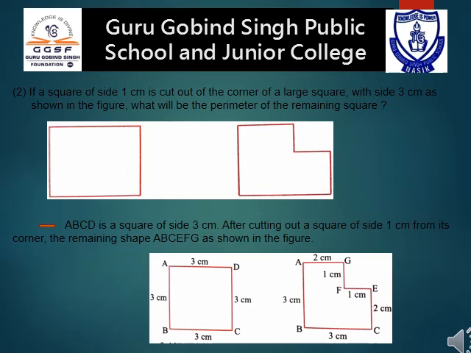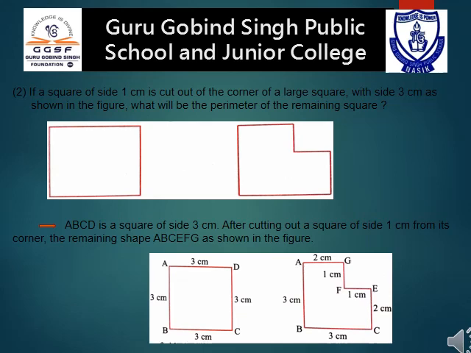If a square of side 1 centimeter is cut out of the corner of a large square with side 3 centimeter as shown in the figure, what will be the perimeter of the remaining shape?